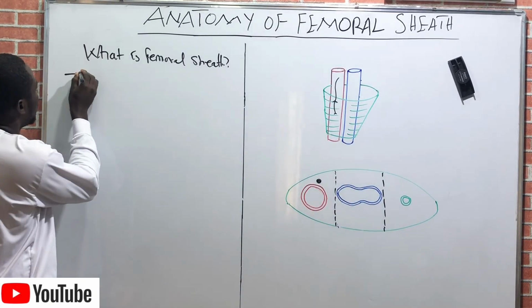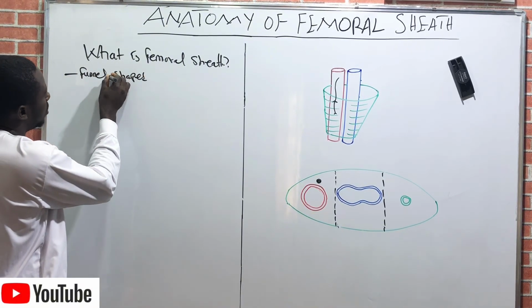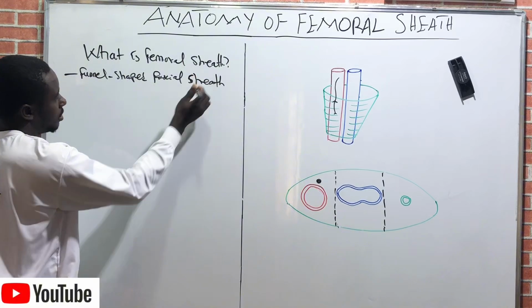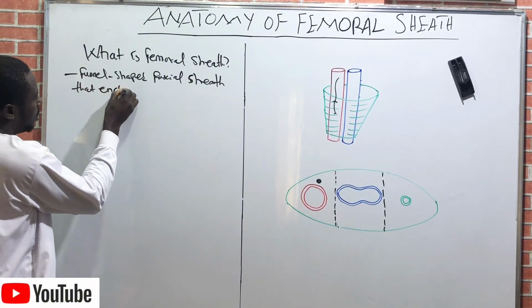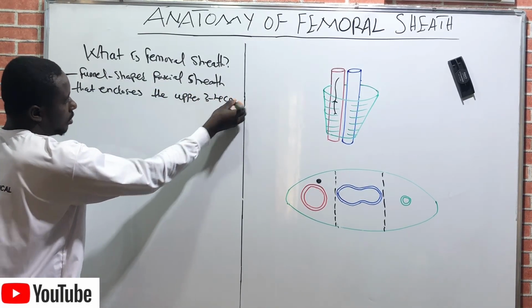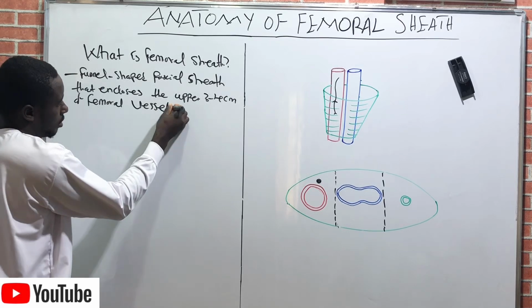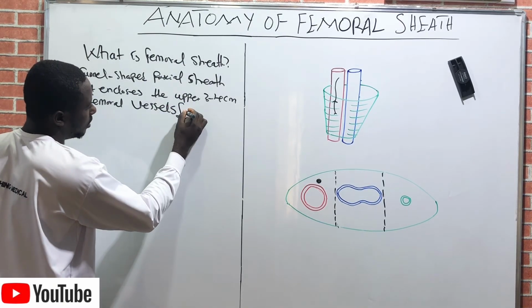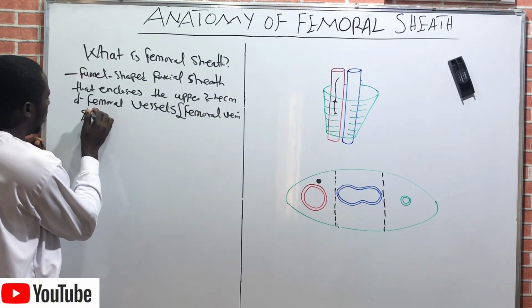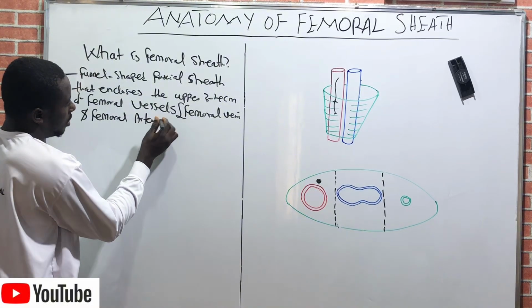It's a funnel-shaped fascial sheath that encloses the upper 3 to 4 cm of femoral vessels, which are the femoral vein and femoral artery.